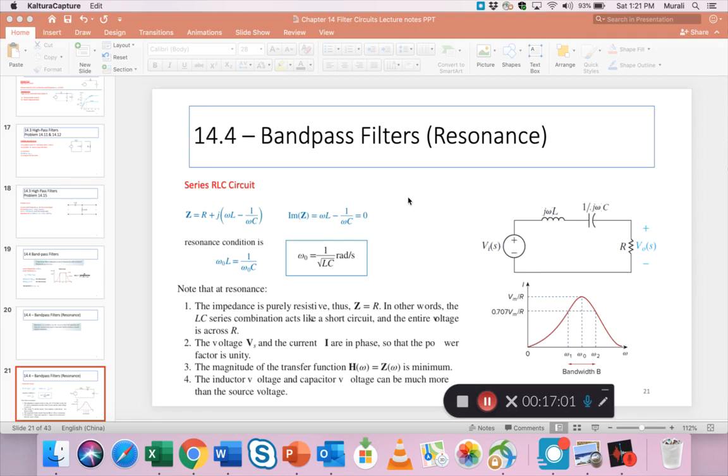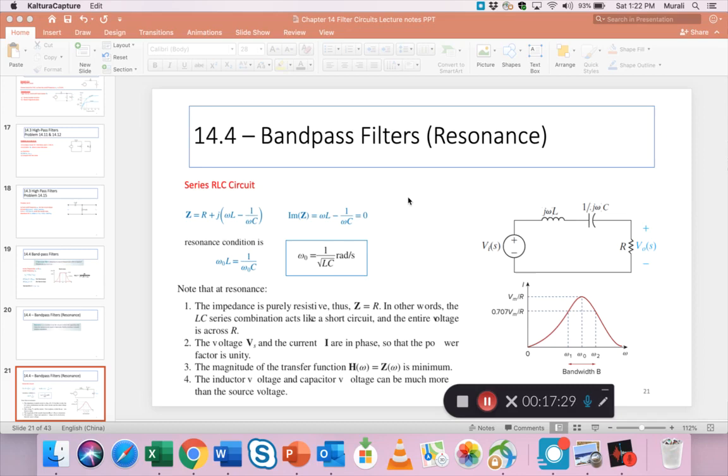And when can that happen? Simple, omega L equals 1 by omega C. At that condition of omega, you end up with the situation where the imaginary part of Z, the j part of the impedance, just disappears and you're left with resistance.